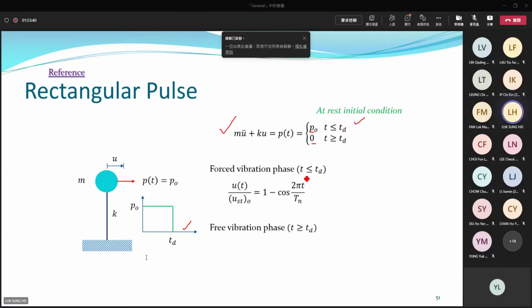So if you solve it directly, you will get two expressions. You may solve it just solving a second-order homogeneous or non-homogeneous differential equation. Here I give you reference. Actually, I obtained directly from the textbook. The textbook gives you some standard solution for rectangular pulse, half sine wave, and also triangular pulse. But they are not that useful in our modules.